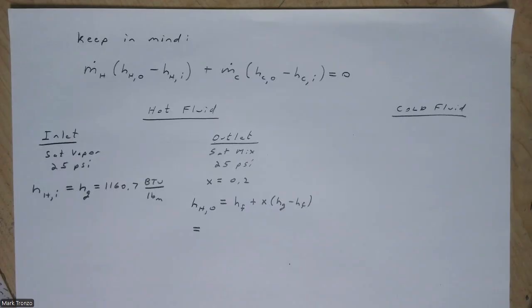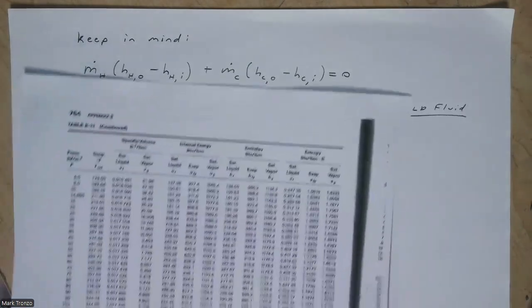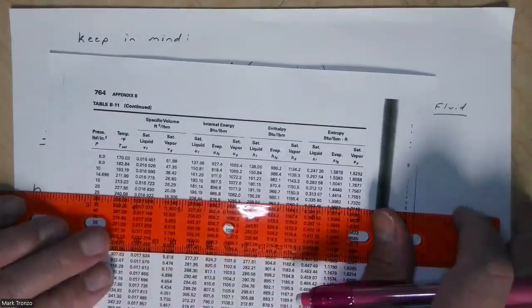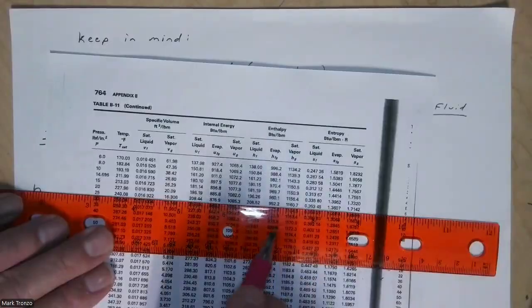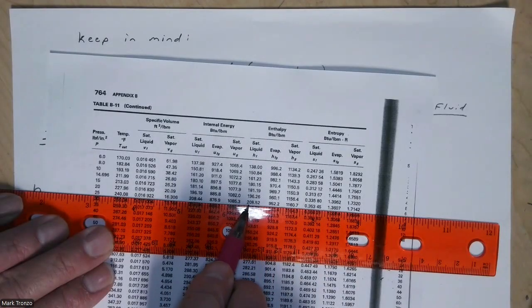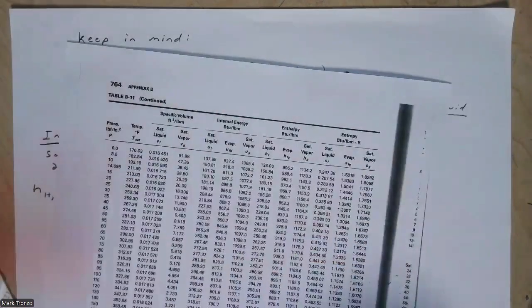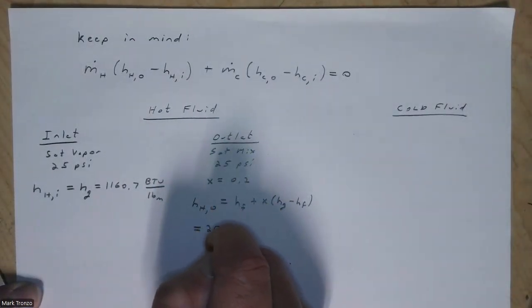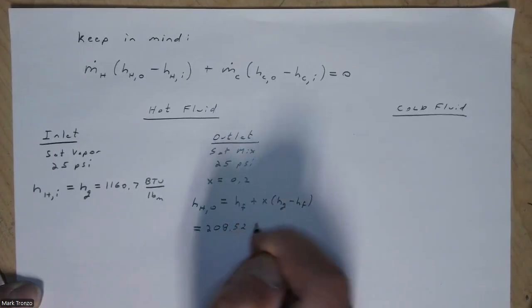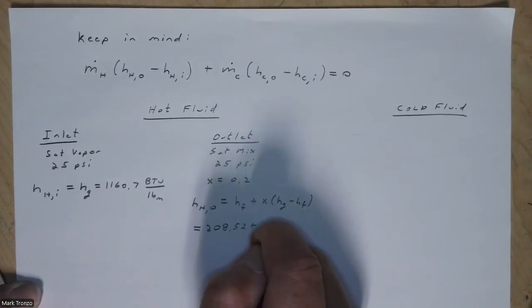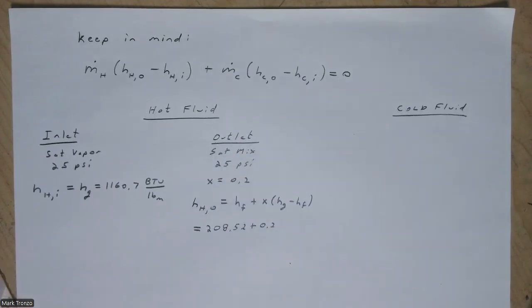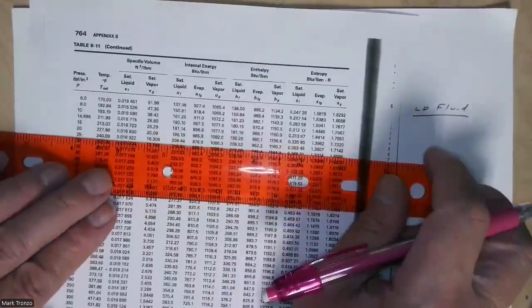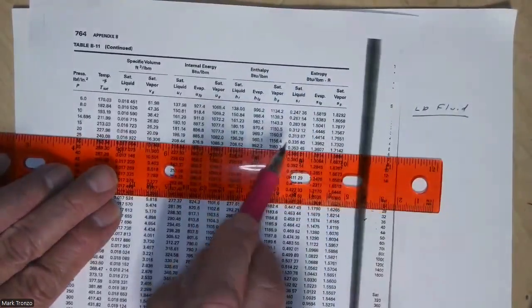So if we look these up in our table, again at 25 psi, our HF is 208.52. Of course, our X is 0.2. And then we have Hg minus HF. Now, in my table, it gives that difference over here.